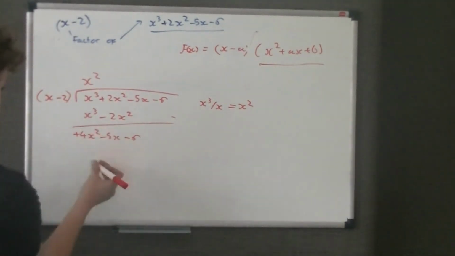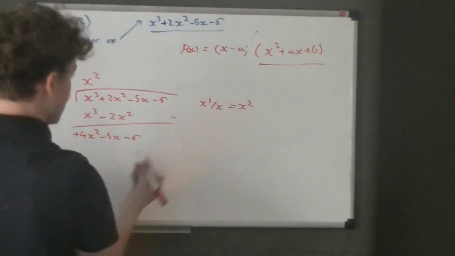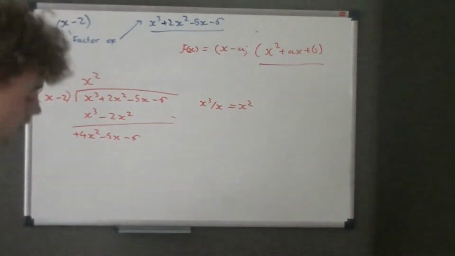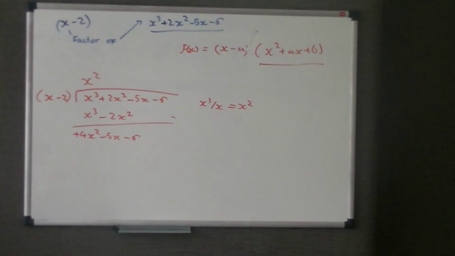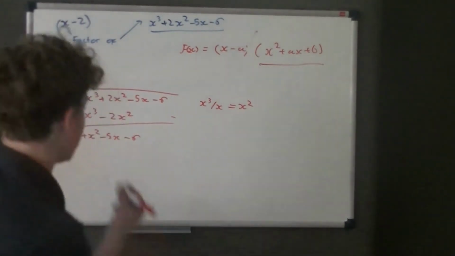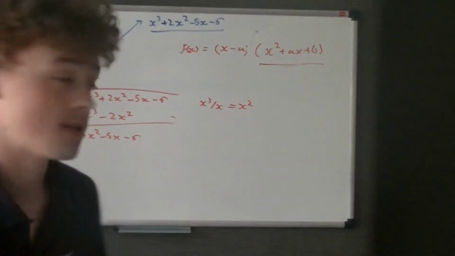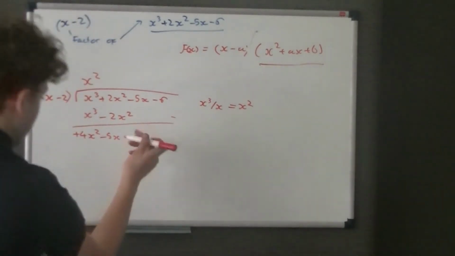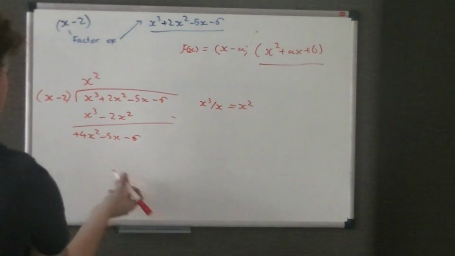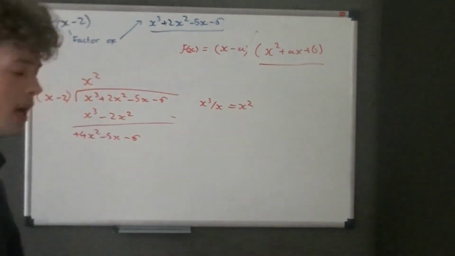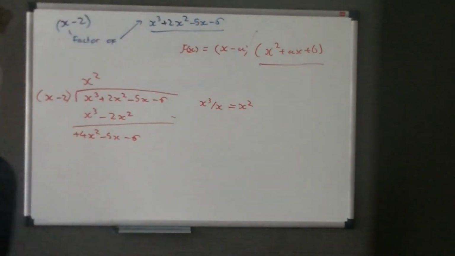Now this isn't what we want, this isn't the factor. When I first did this I thought, well, 4x squared, take 5x, take 6, it's in the form, isn't it? It looks like a quadratic equation. I'll just zoom in on it.